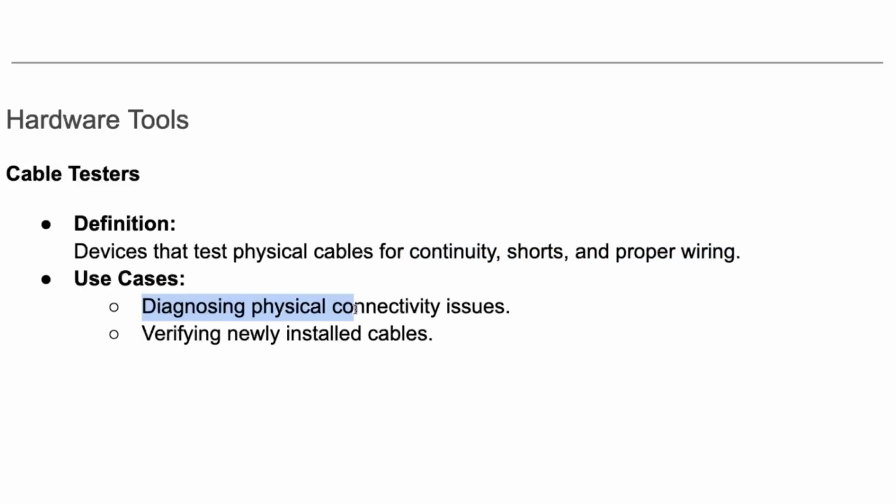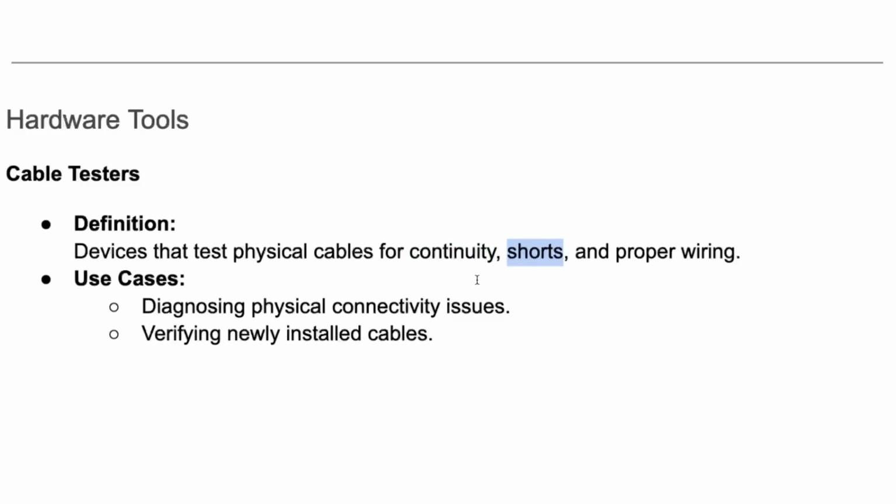And we would use it to diagnose physical connectivity issues and verify newly installed cables and a variety of other things. But mostly it's to check the strength of a cable, like the actual persistence or the strength of the connection through that cable. The continuity portion of it is to just make sure that it actually is running smoothly from source to destination, the two different endpoints that cable is connected to.